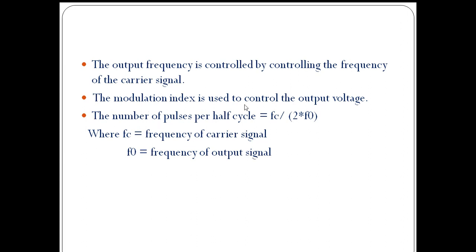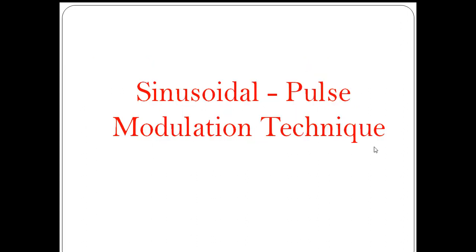The modulation index is used to control the output voltage. The number of pulses per half cycle will be equal to Fc by 2 into F0, where F0 is the output signal frequency and Fc is the carrier signal frequency. So this is regarding multi-pulse modulation.